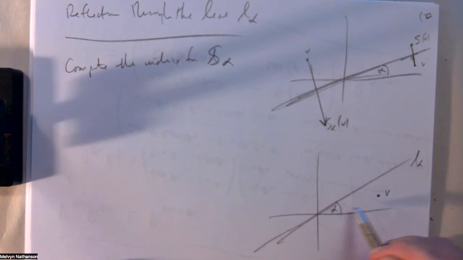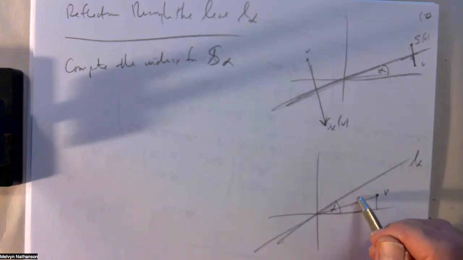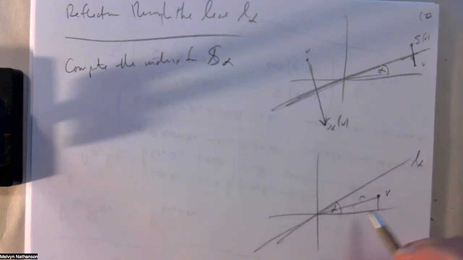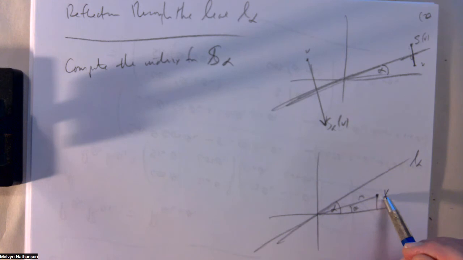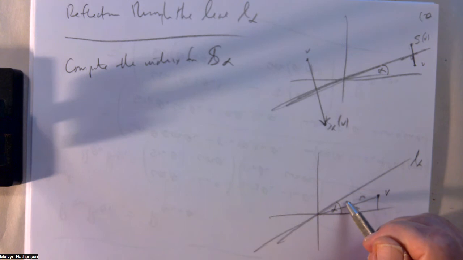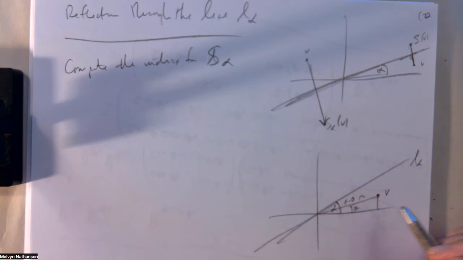The rectangular coordinates are x, y, but for the polar coordinates, you take the distance r of the vector to the origin and the angle theta that the vector makes with the positive x-axis. So the vector v in polar coordinates is distance r from the origin and makes an angle theta with respect to the positive x-axis, which means that this is alpha, this is theta, this is alpha minus theta.